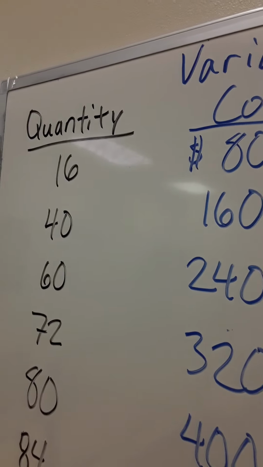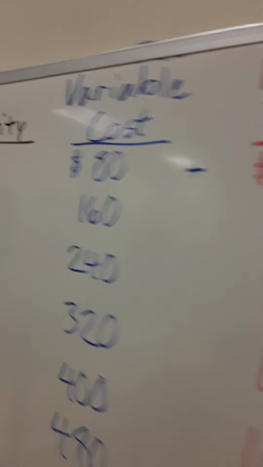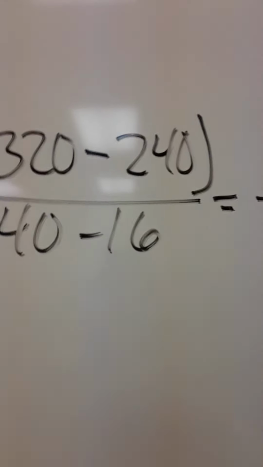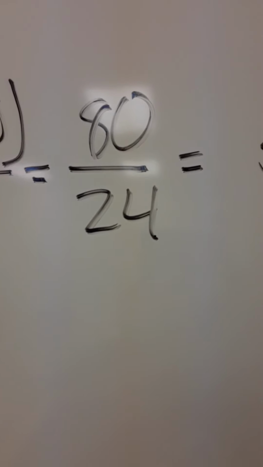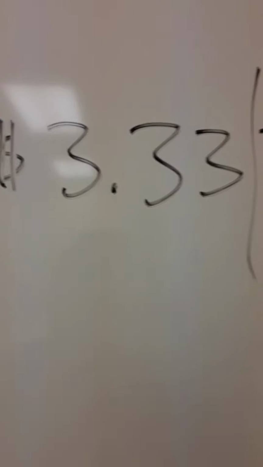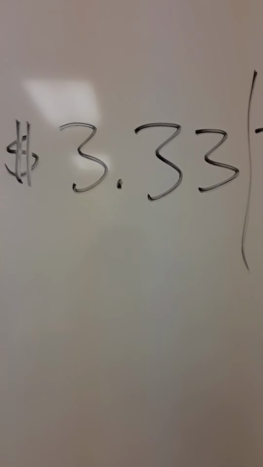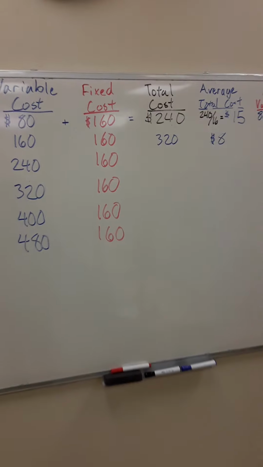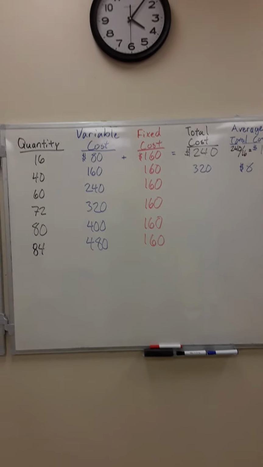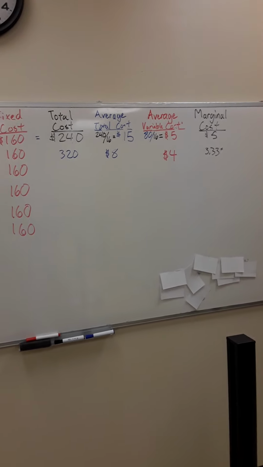So we have 40 in the quantity section, and we subtract it by 16 here, and we get 80 over 24. And as we do the division, it becomes $3.33. It continues on, but I stopped it after the second decimal there. So this is what I have, and I will continue on in another video to show the rest of the table there.